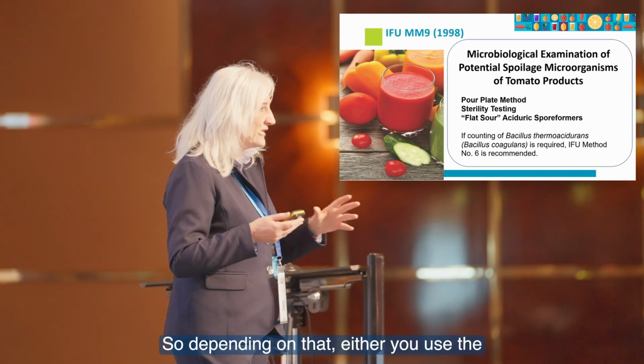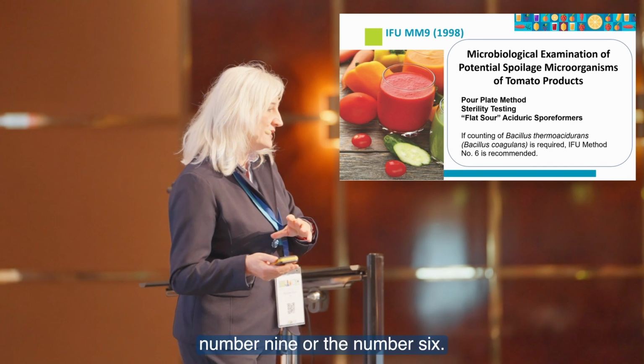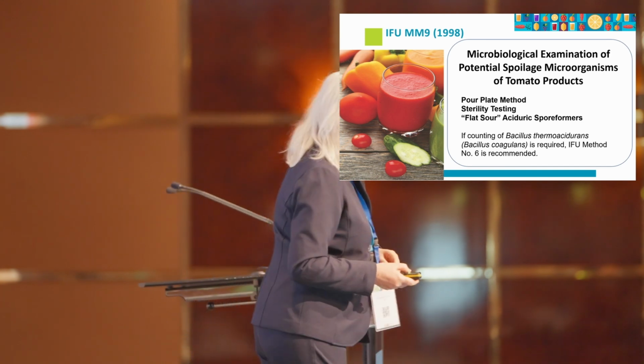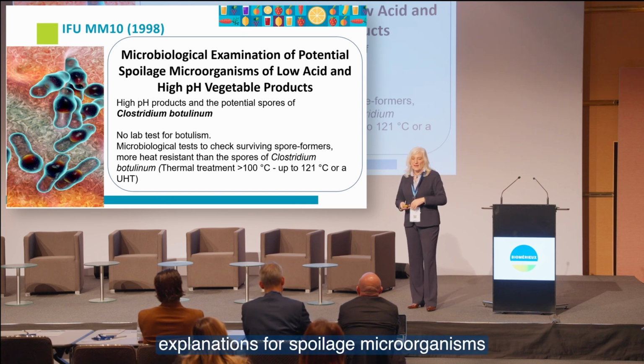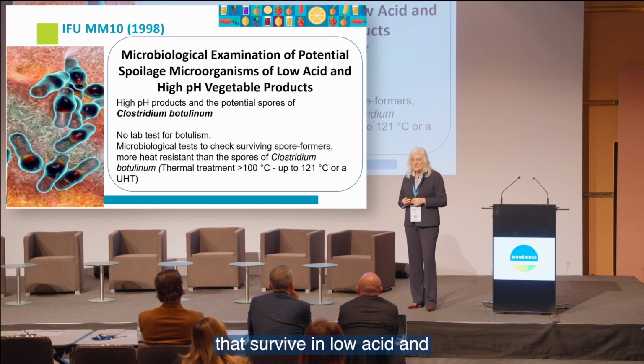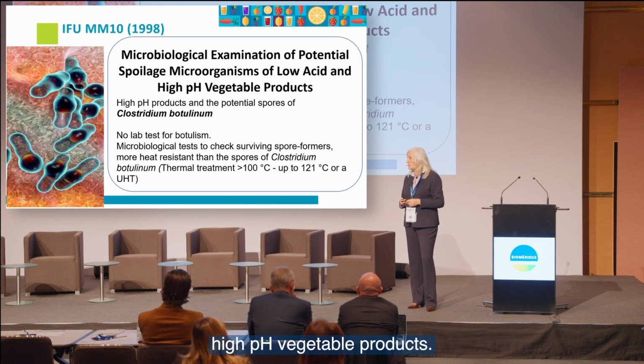So depending on that, either you use the number 9 or the number 6. Then we have number 10, which is the explanations for spoilage microorganisms that survive in low acid and high pH vegetable products.